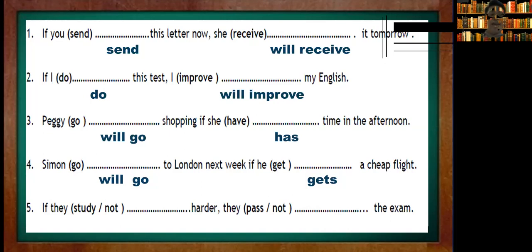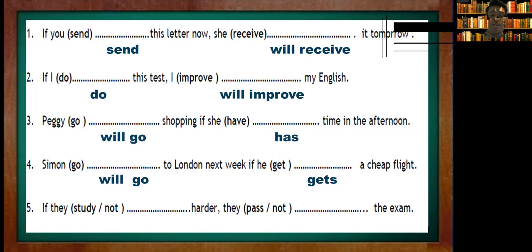Sentence number five. If they study not, so we have now an interrupter, not, harder, they pass not the exam. So this time you need the help of the do or the does, okay? And consider the subject. Do if your subject is plural. Does if your subject is singular. But in this case, if they, being our subject, is counted as plural, of course.